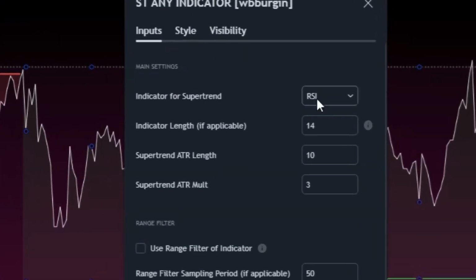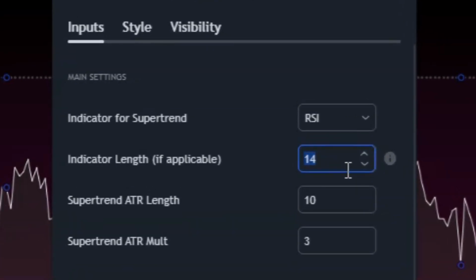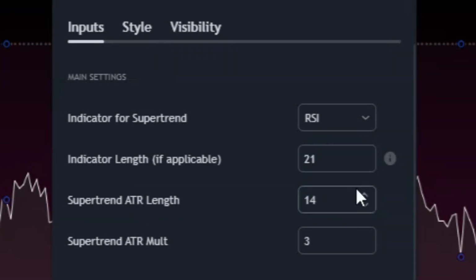Then make the following changes in the indicator settings. Under the Inputs tab, change the indicator to RSI and change the indicator length to 21. And then change the Supertrend ATR length to 14.